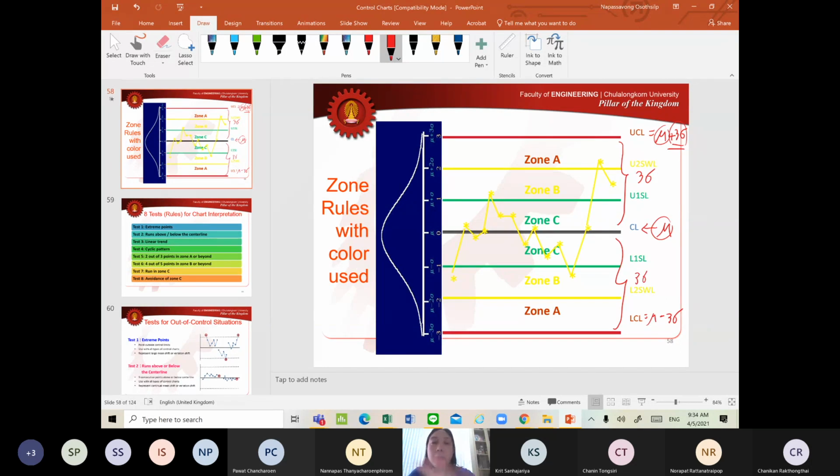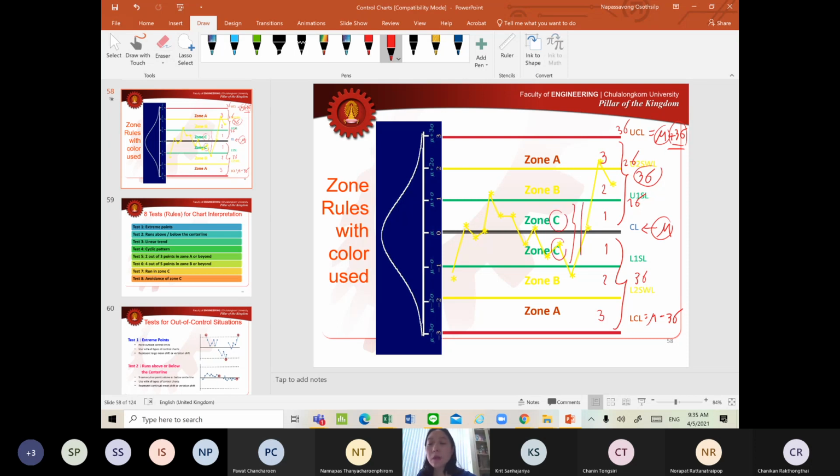Then if we divide this area into 3 zones, 1, 2, 3, this is at 1 sigma, 2 sigma, and then this is at 3 sigma. Same thing for the below side. So this 1, 2, 3. And we call this zone, zone C.